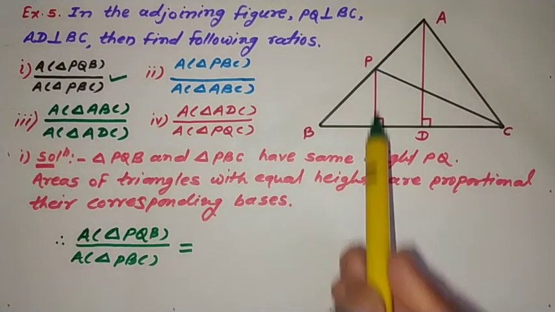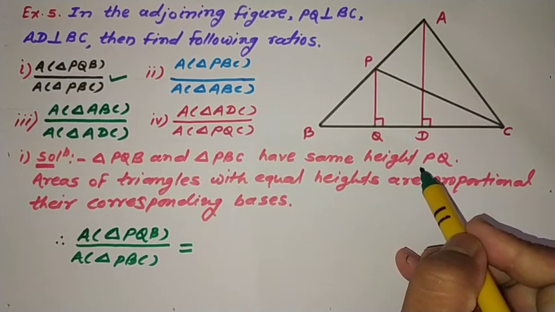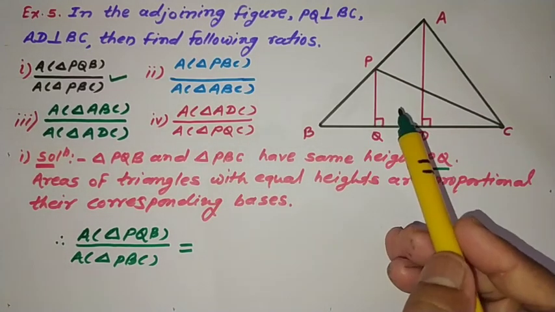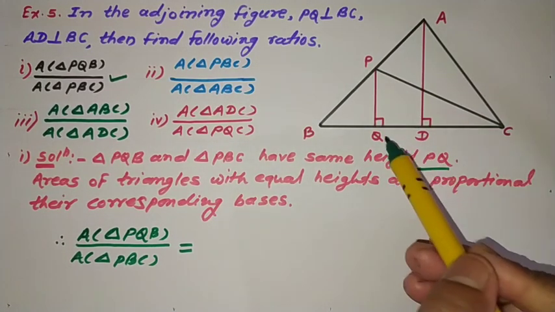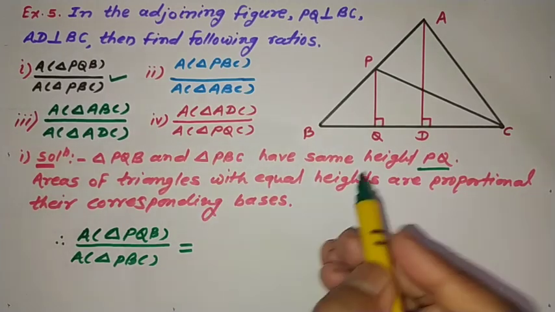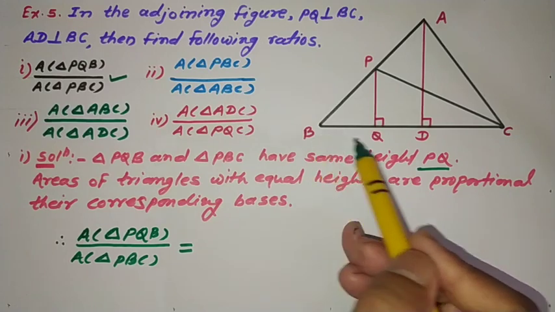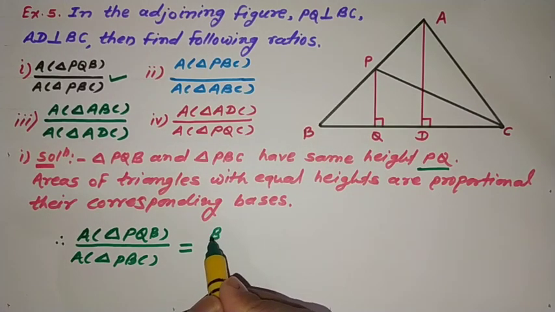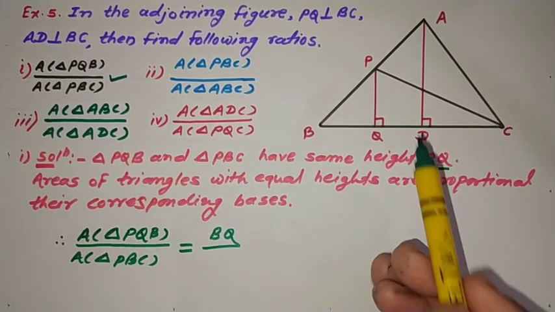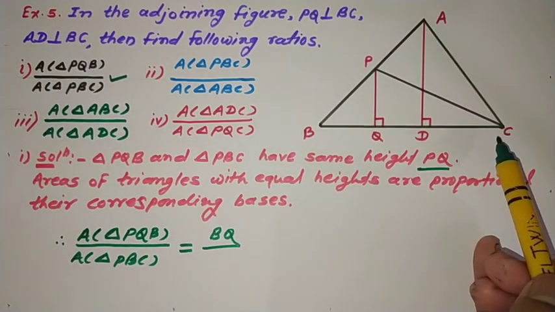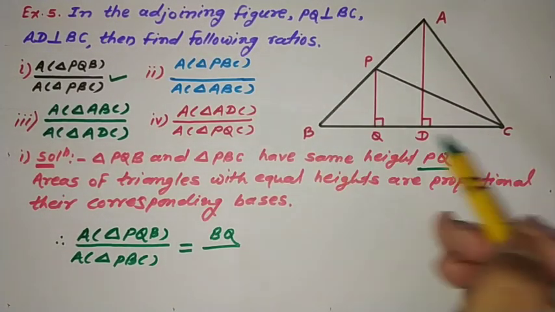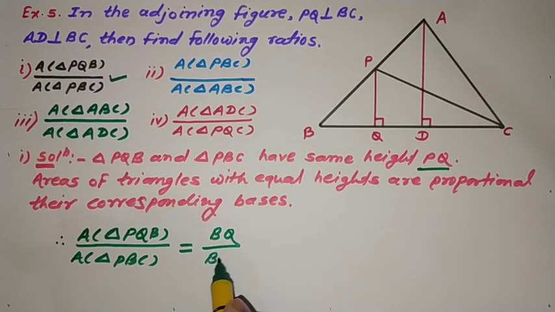Here the height of the two triangles is equal, PQ. For triangle PQB, the base is BQ, and for triangle PBC, the base is BC. This is the ratio of the area of triangle PQB to the area of triangle PBC.